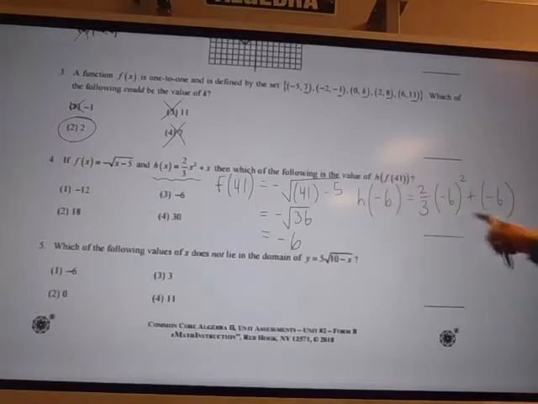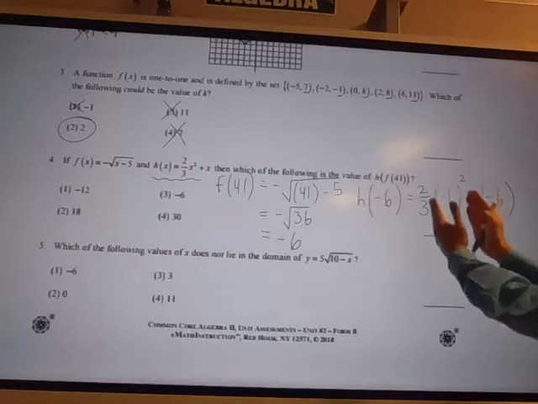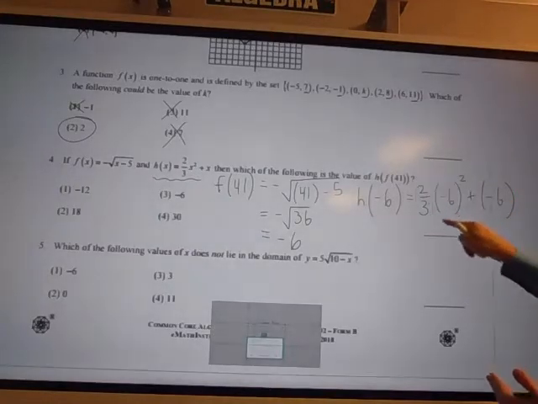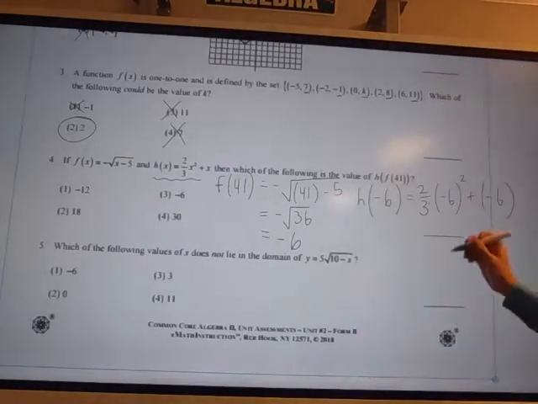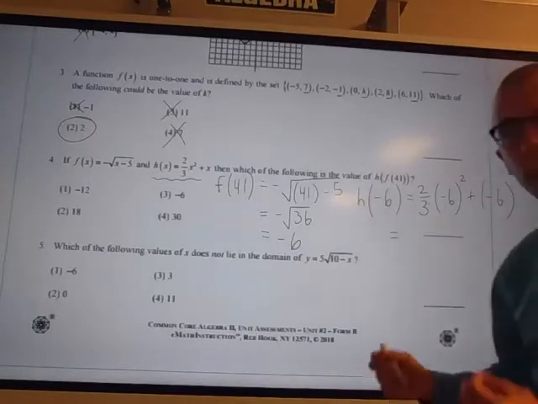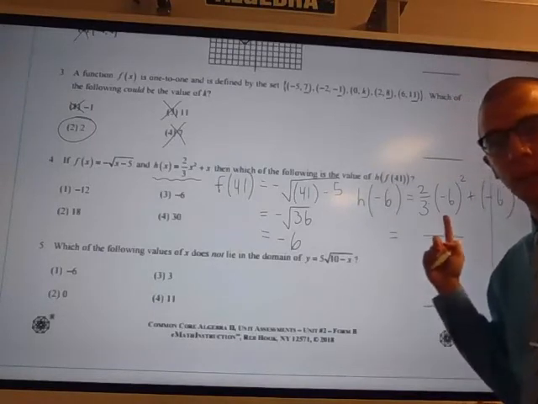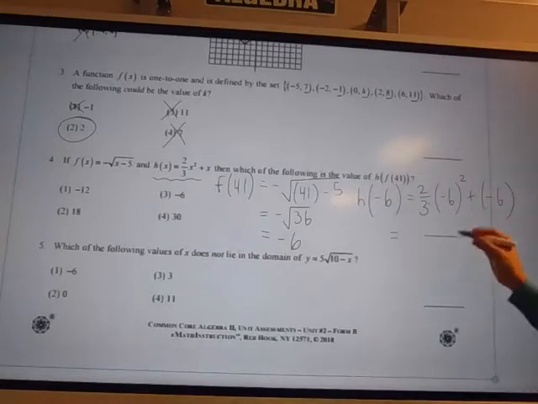So the first thing you need to do here is focus on that little input with the exponent. That exponent happens first. It has to happen first. So -6 squared is 36, because again, that's -6 times -6.